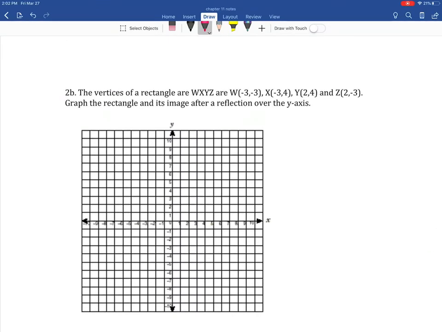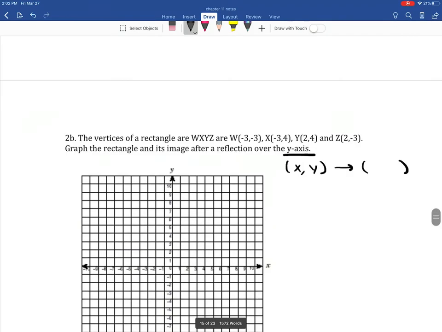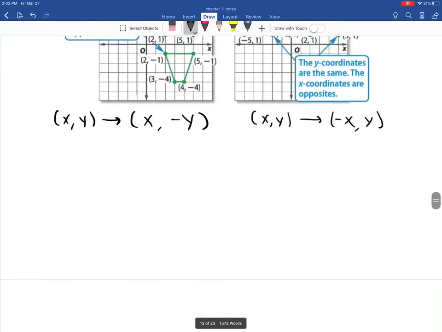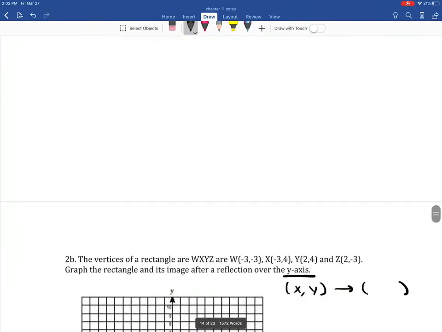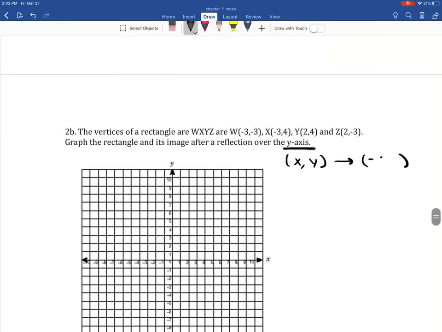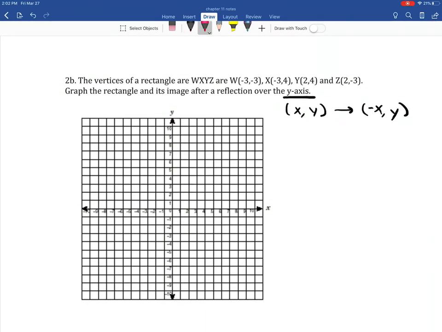Let's try another one. The vertices of WXYZ are given. Graph the rectangle and its image after a reflection in the y-axis. So let's write our formula. Reflection in the y-axis, if you want to scroll back up and look, you can. Reflection in the y-axis, we had the x change signs, and the y stays the same.